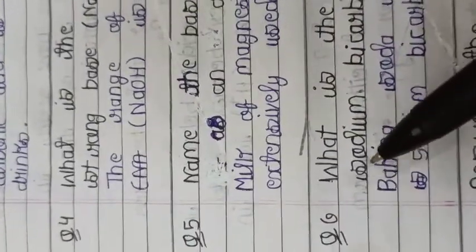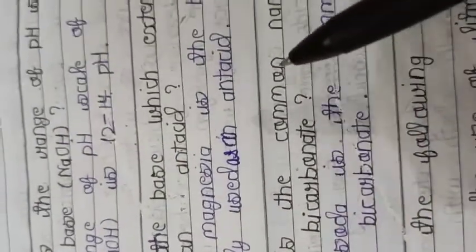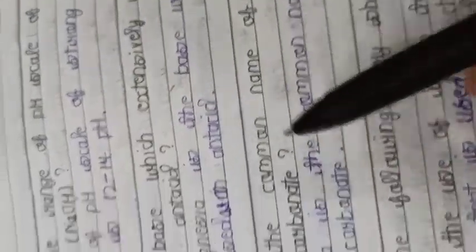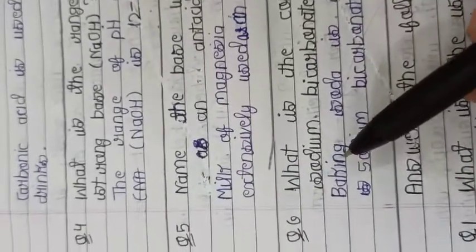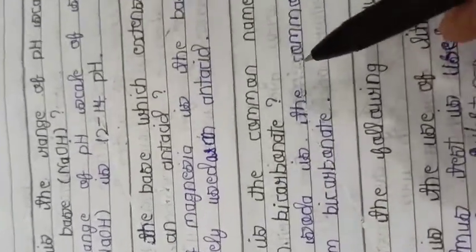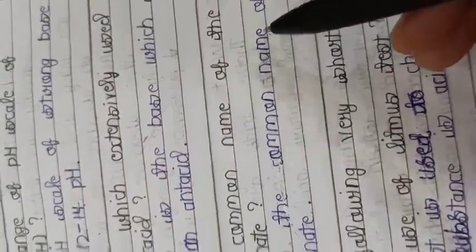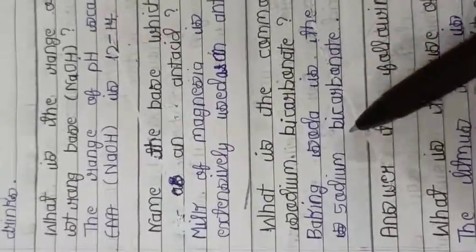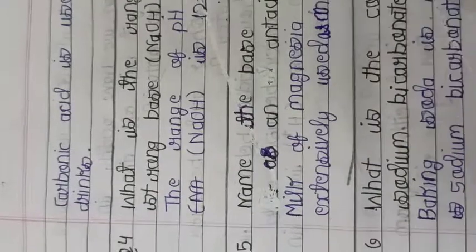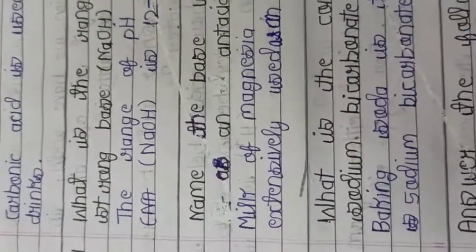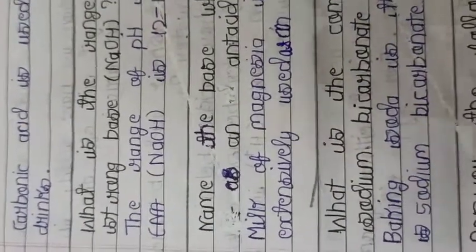So question number 6 is, what is the common name of sodium bicarbonate? Baking soda is the common name of sodium bicarbonate. Okay children, so this much question answers today you will do.